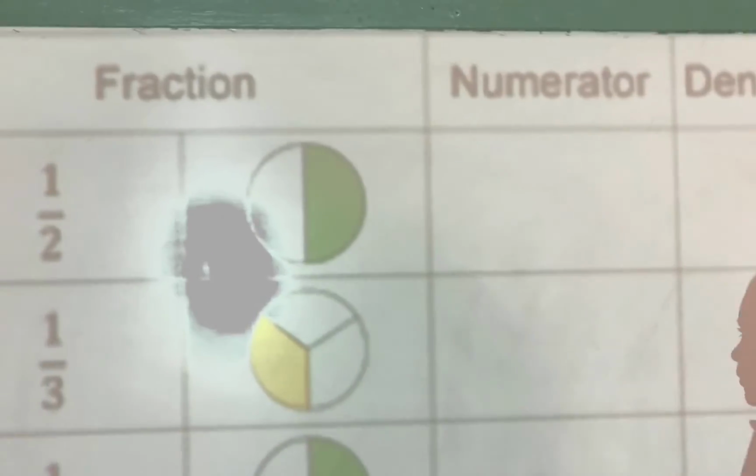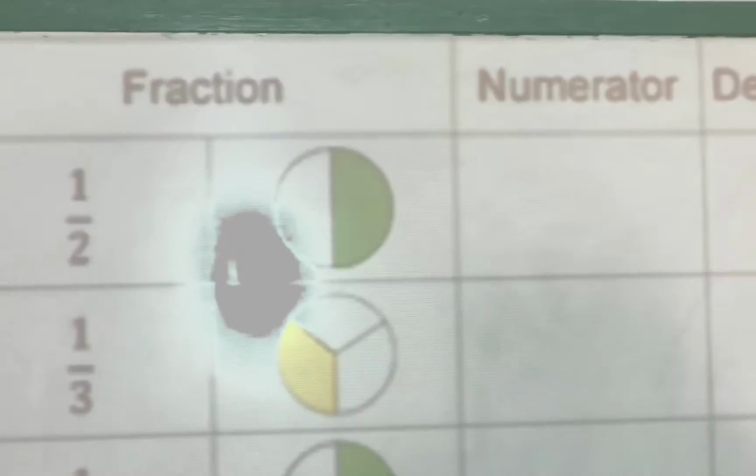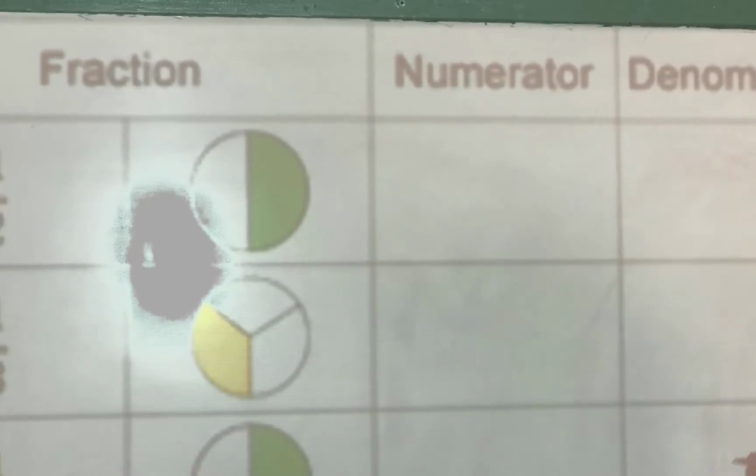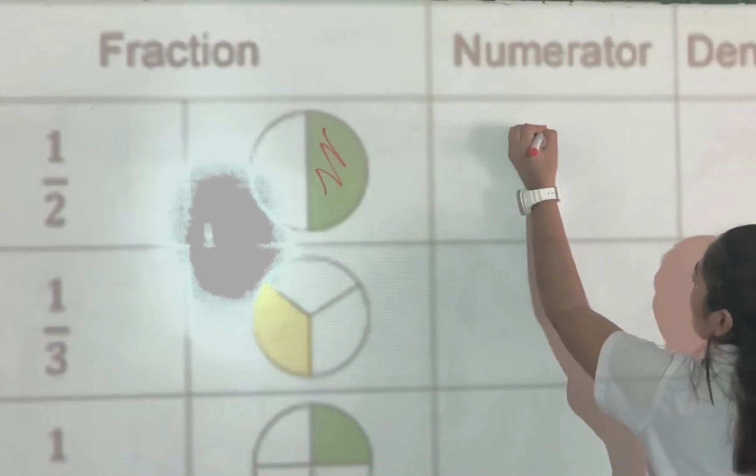Let's complete the table. Let's start with number 1. 1/2. Which is my numerator? My numerator is the part that is shaded. In this case, 1.